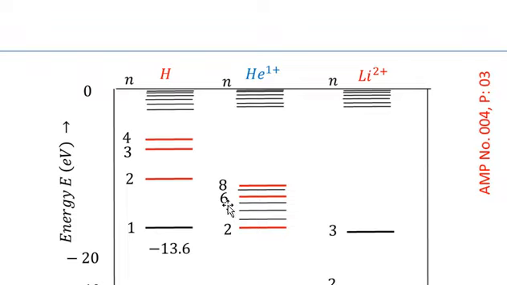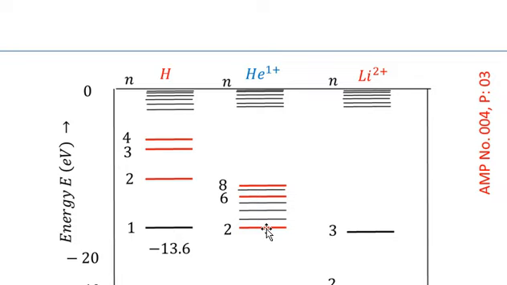And you know that I have converted these even levels. For example, level number 6 was converted by dividing it by 2. So in comparison with the Balmer series formula, this 6 becomes equal to 3, and this 8 becomes equal to 4. You will notice that the difference in energy between level 2 and level 6 of the helium singly ionized atom is the same as the difference between level number 2 and level number 3 of the hydrogen atom.